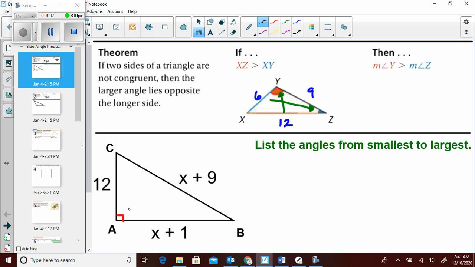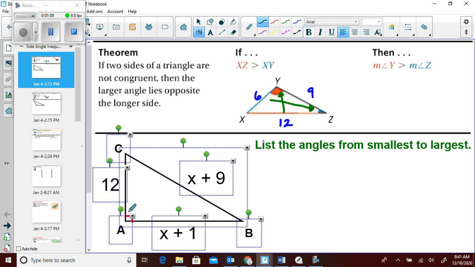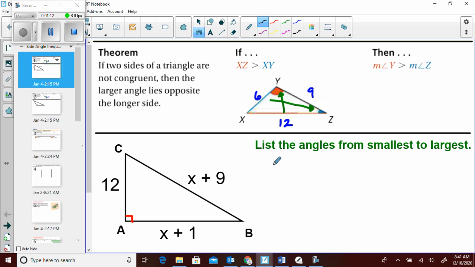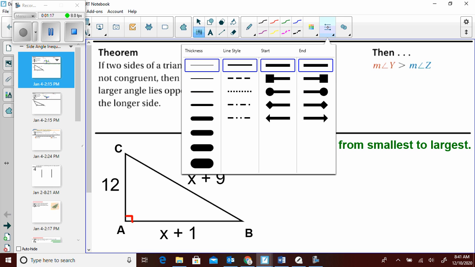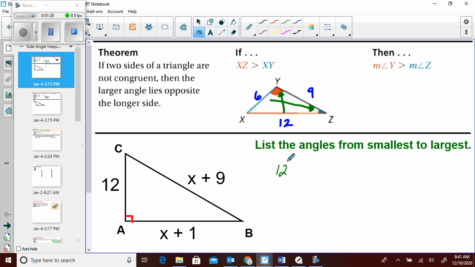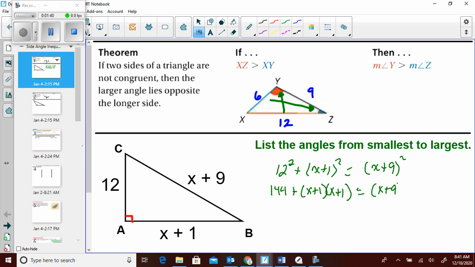Pythagorean theorem. Because we have this right triangle here, we can do Pythagorean theorem. So that gives me 12 squared plus x plus 1 squared is x plus 9 squared. 144 plus, remember, this is x plus 1 times x plus 1, x plus 9 times x plus 9.